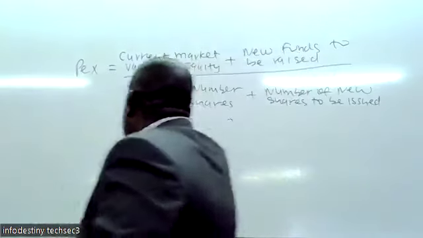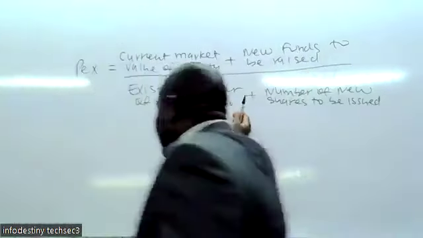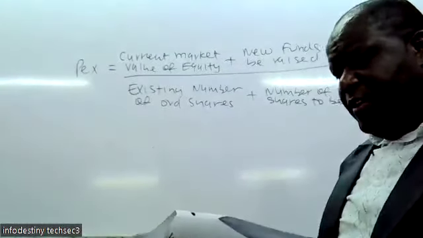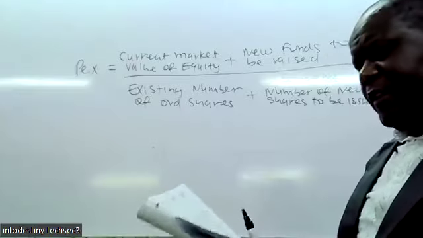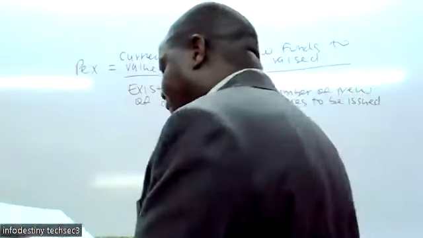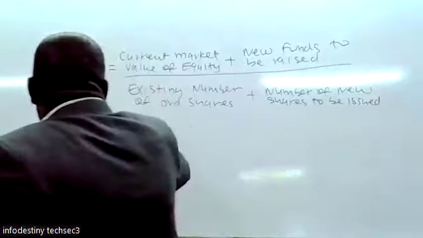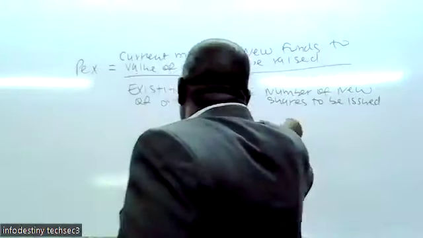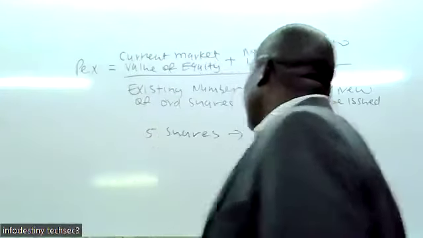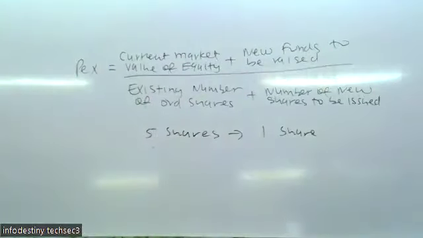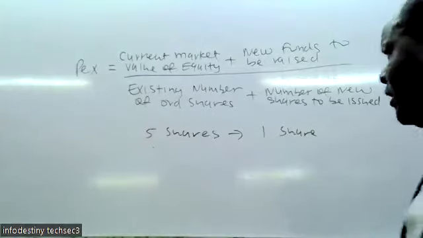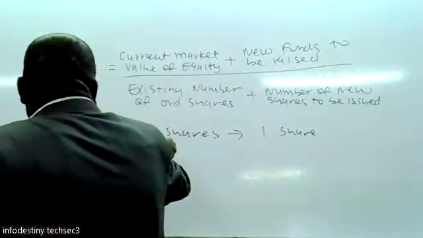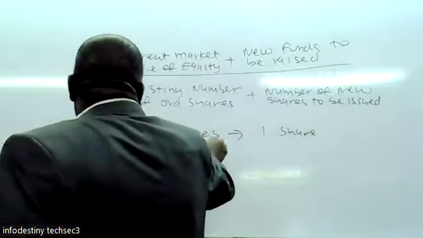Maybe I can use, because the question had given you the number of the rights, we can just use that, whereby for every 5 shares, we issue 1 new share. The company had 1 million shares.